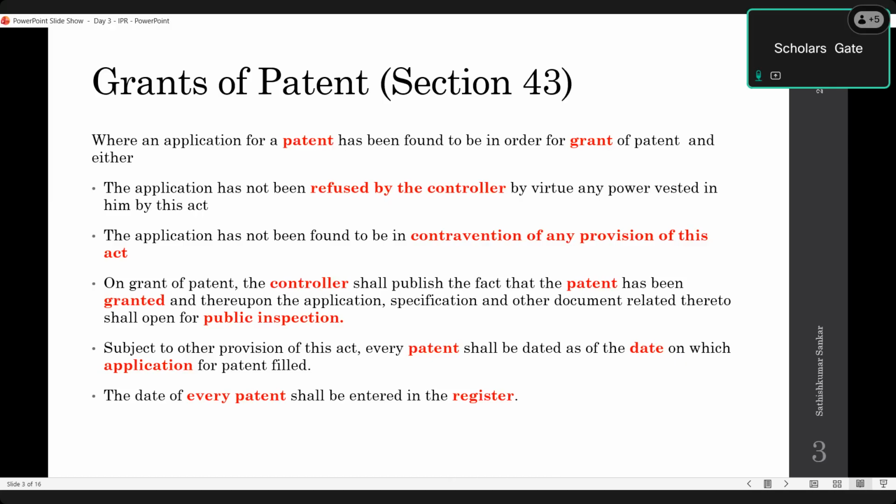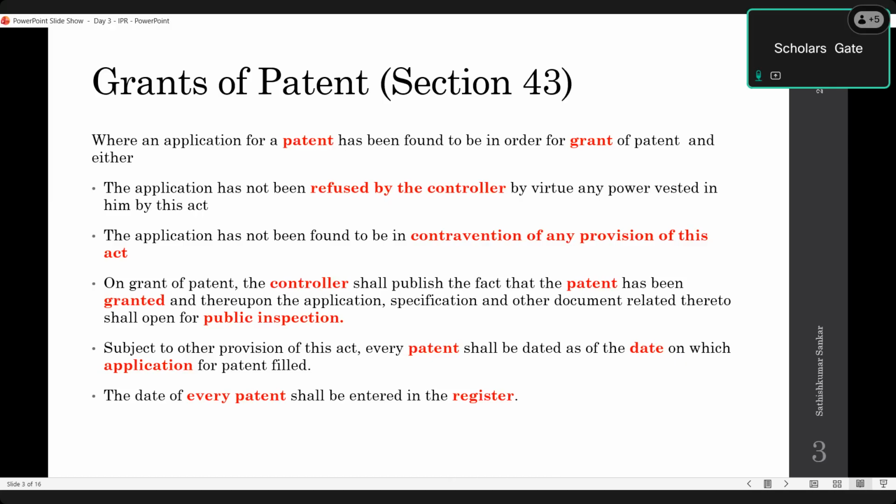What is the condition that applies? The patentee is not involved in any such malpractice or infringement.